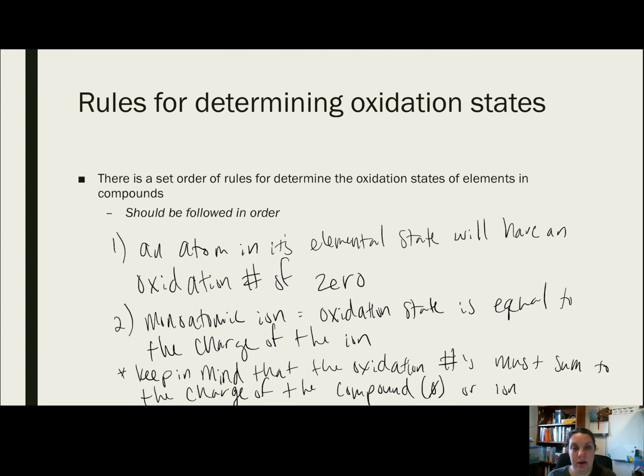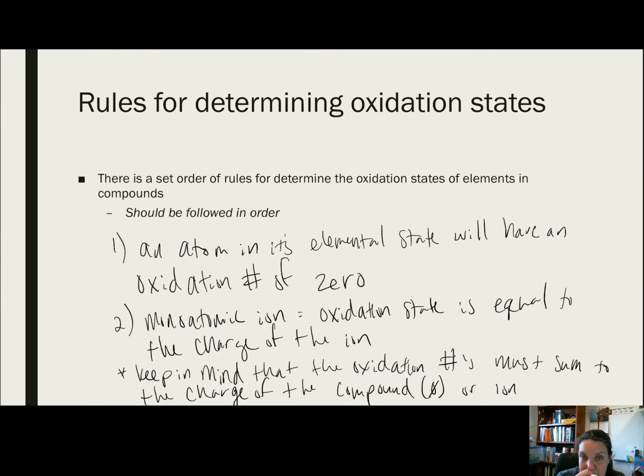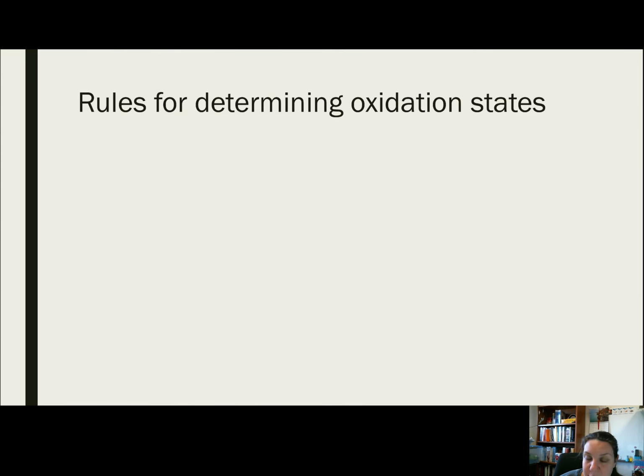After we've done this, we're going to look at the hierarchy of elements. What takes precedence for an oxidation state?